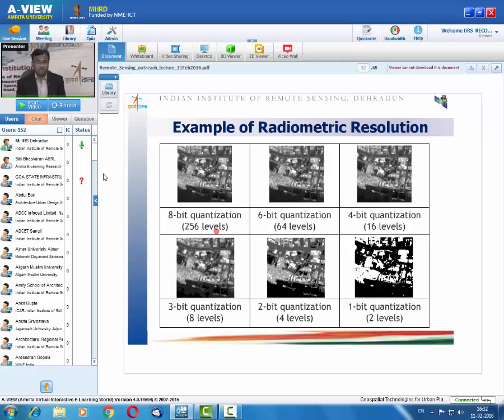In the urban areas, if you have 1 bit data, you may be able to see only urban and non-urban features. But to make the distinction within the urban features, the quantization level can help us.